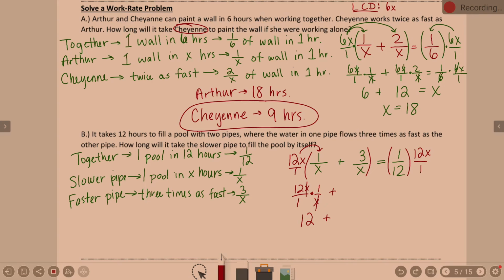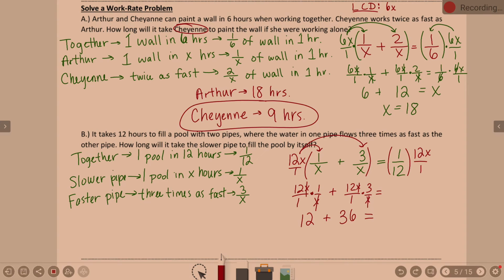Then we're going to take the 12x and distribute it to 3 over x. So 12x over 1 times 3 over x, what cancels? X cancels. What remains? 12 times 3, which is 36.